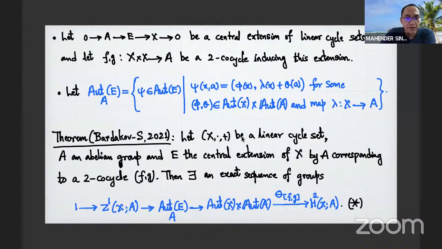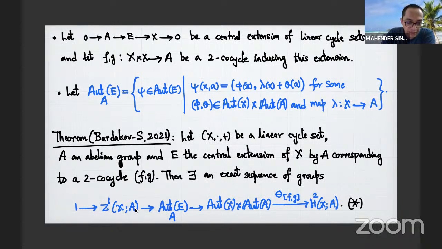So you have a linear cycle set, and A an abelian group, E a central extension of this linear cycle set by this group A. In fact, when I say abelian group A, you can always view it as a trivial linear cycle set. So you can think that it's in genuine sense a linear cycle set extension to a two co-cycle. So suppose E is an extension corresponding to the two co-cycle FG, then we can fit them in this exact sequence.